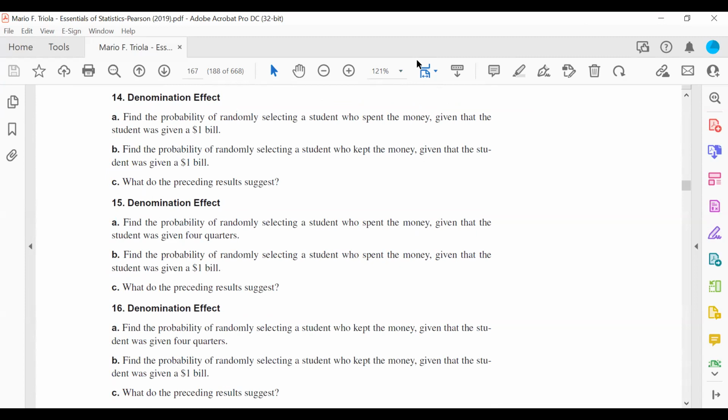Spent money, given is a line. That student was given 4 quarters. Given, that sounds familiar. Oh, didn't we do that one already? Let's see.